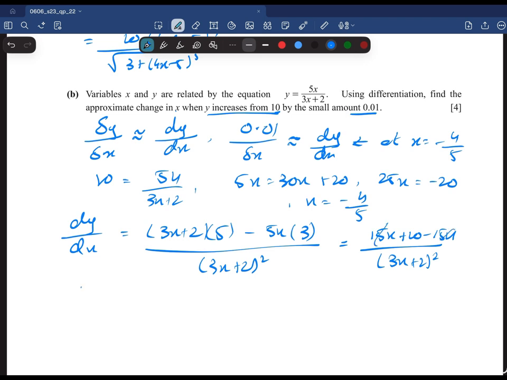These two cancel and we need to find dy by dx: 10 upon (3 into minus 4 upon 5, plus 2) whole squared. We get 62.5.